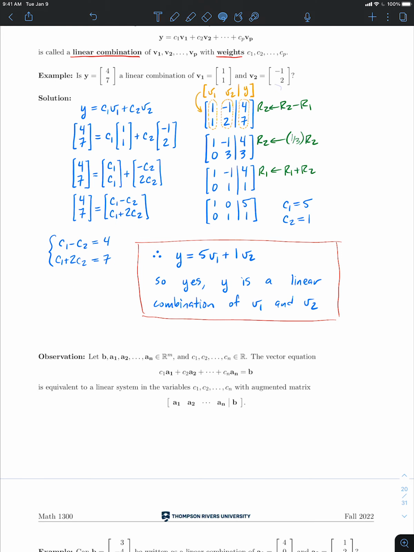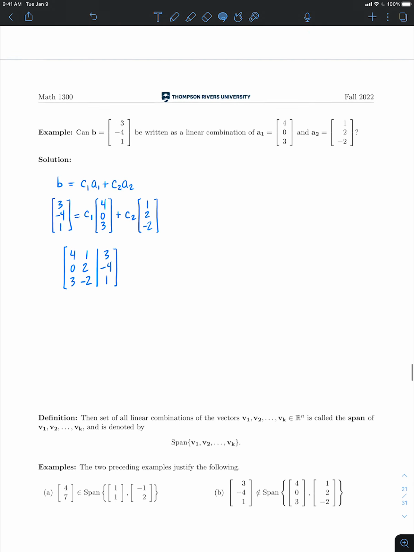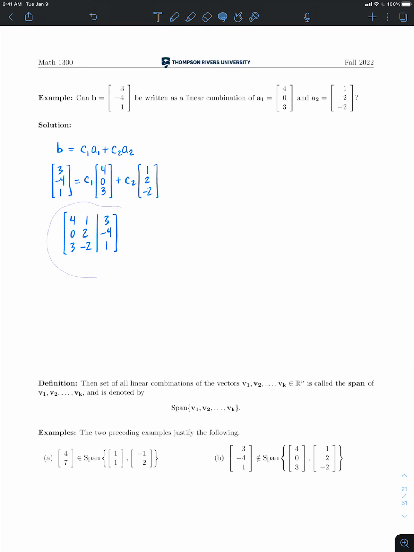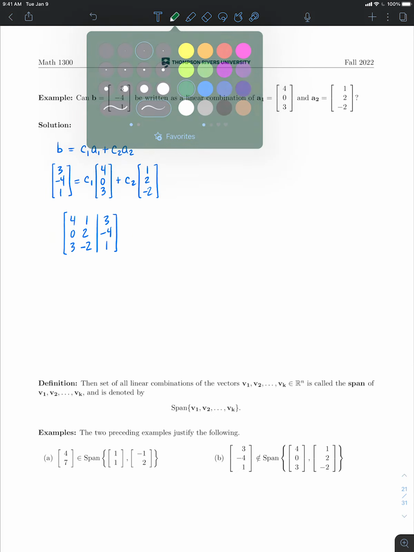This is the full story, right? In the previous example, this is where we showed all the steps. I essentially skipped over all of these steps, so you may want to work through those just to remind yourself what's going on. But in any event, you're going to end up getting this linear system, and if you want to know if it has a solution, let's solve it.